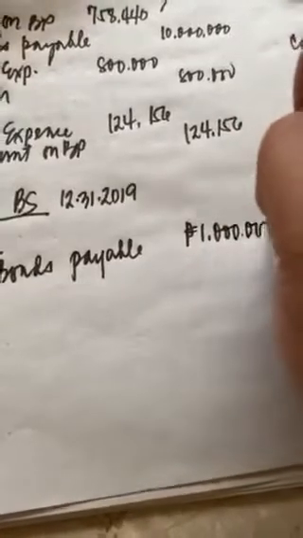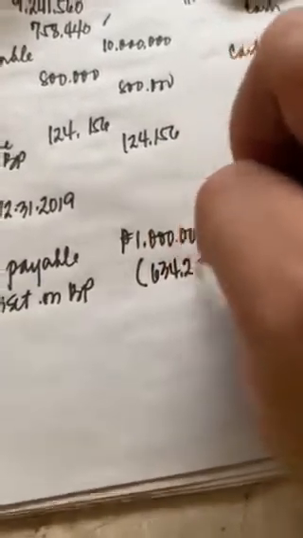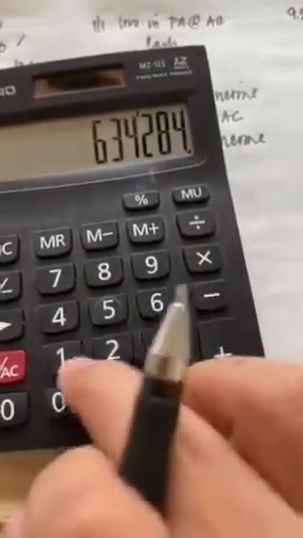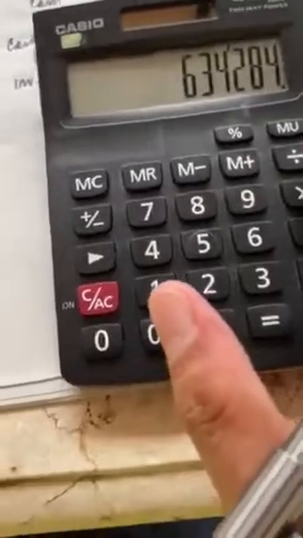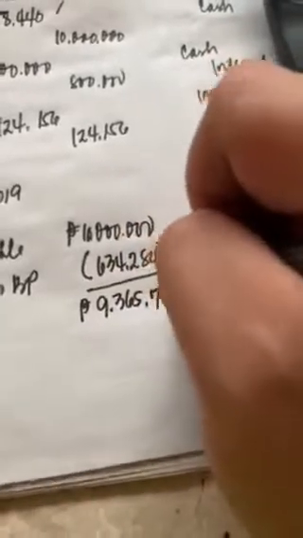If the company prepares its balance sheet as of December 31, 2019, among its non-current liabilities, it will present bonds payable of 10 million pesos, less the discount on bonds payable, a deduction of 634,284. So the remaining balance of our bonds payable is 9,365,716.